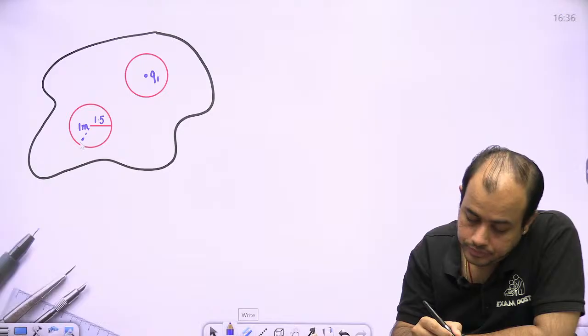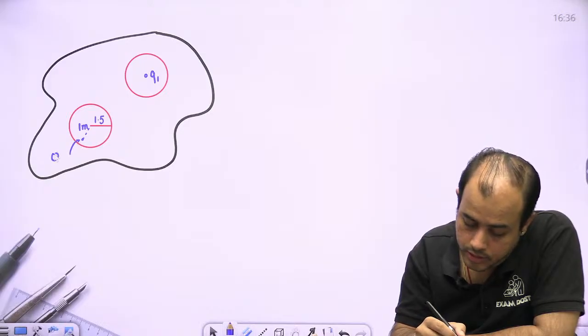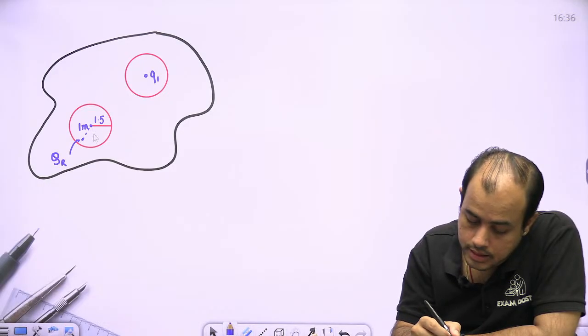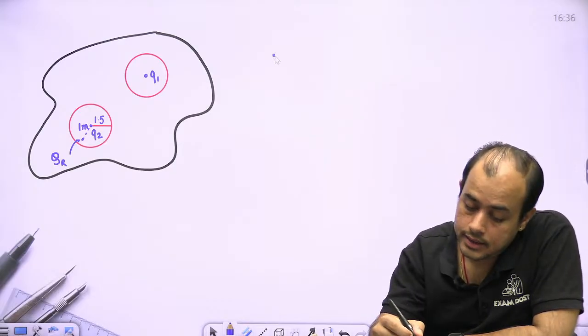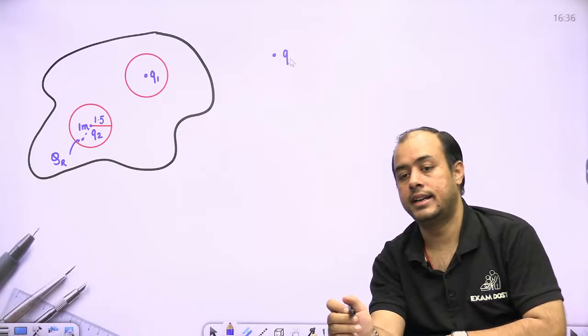This point is QR. At the center of this cavity, you have Q2. And there is a point charge Q outside the conductor.